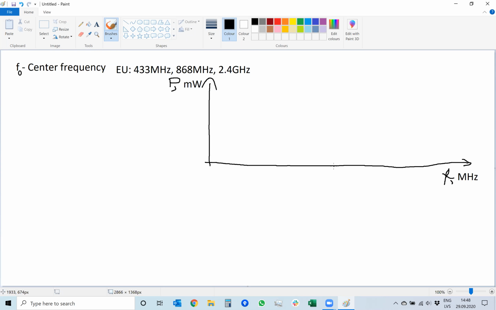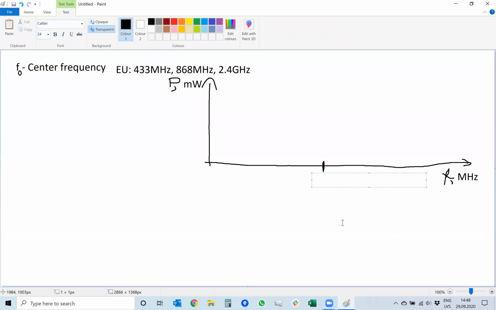So you would think that, let's say you pick some frequency, 868 megahertz, and you want to transmit in that frequency. Or for example, 868.3 megahertz. Why it's 0.3, I'll explain a little bit later.